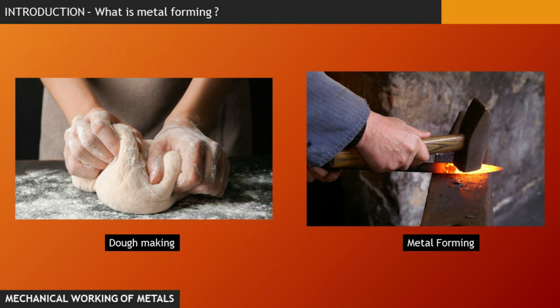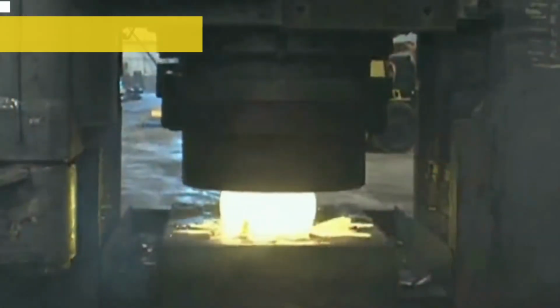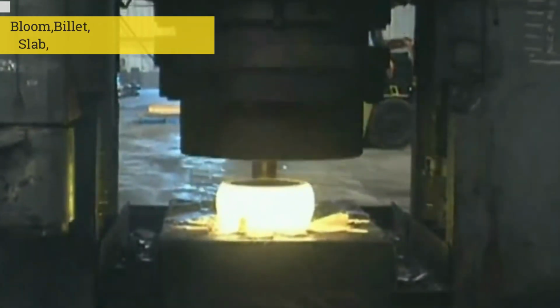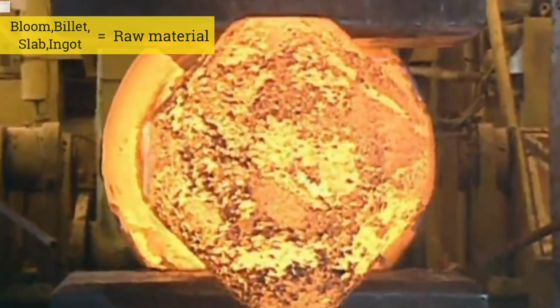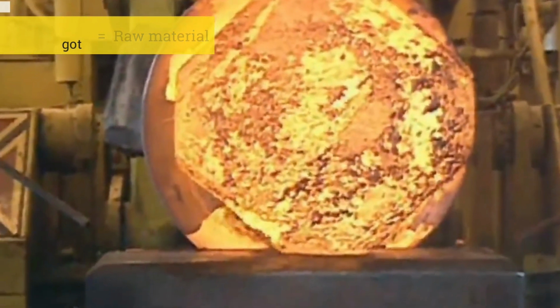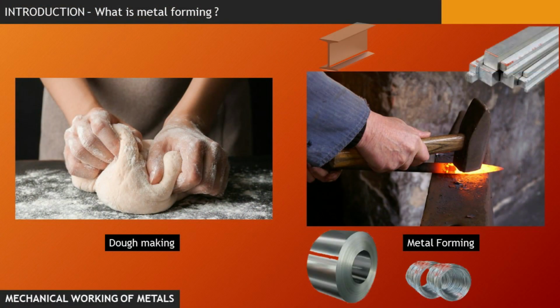Something similar happens in case of metal forming as well. We apply load to raw material like blooms, billets, slabs, etc. using various specialized equipment and machinery, in order to get outputs such as strips, coils, bars, beams, channels, tubes, wires, and the list goes on and on.